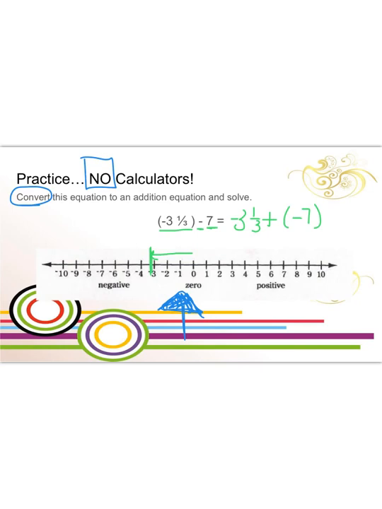And then we're going to back it up 7 more full spaces. So 1, 2, 3, 4, 5, 6, 7 gives us about right here. So I backed it up 10 full spaces and 1/3 of another. So my answer is -10 1/3.